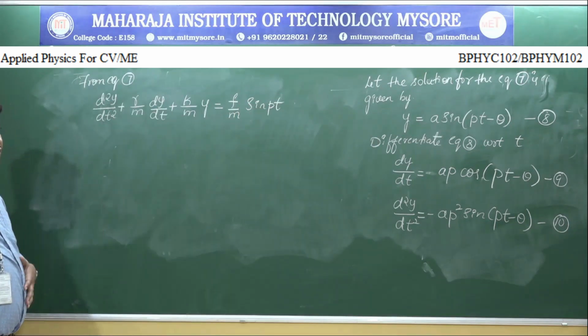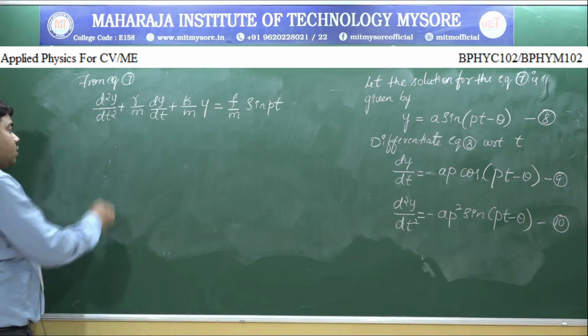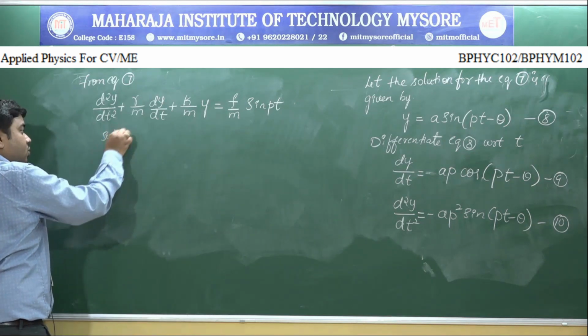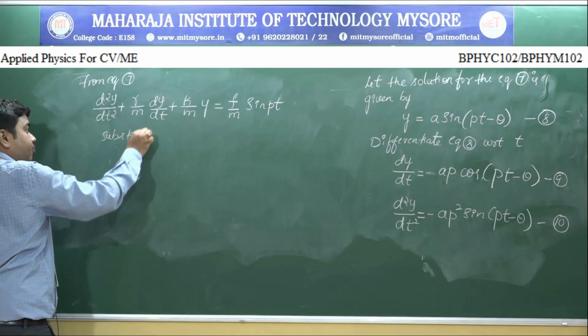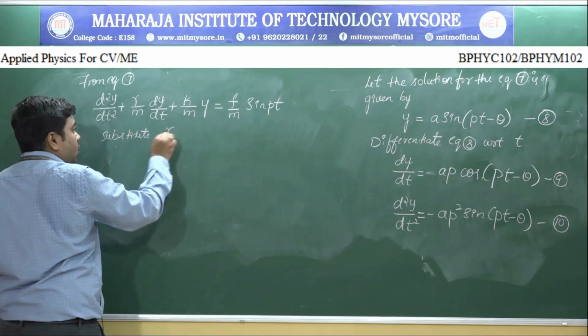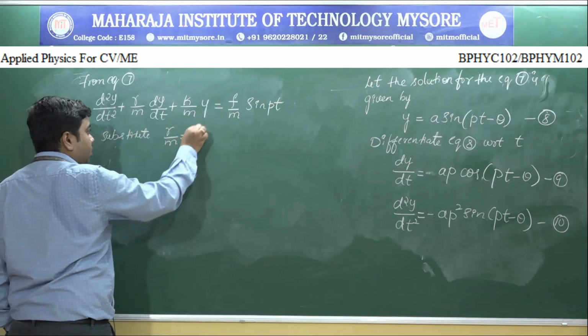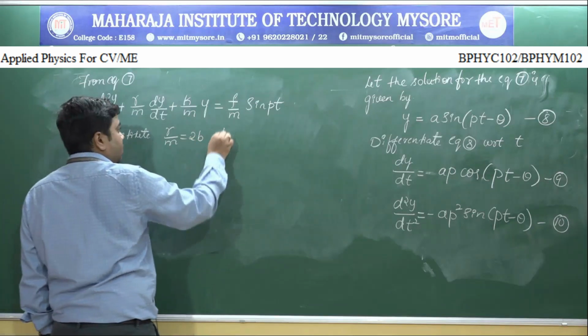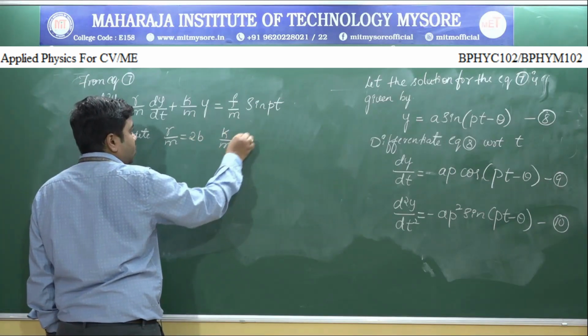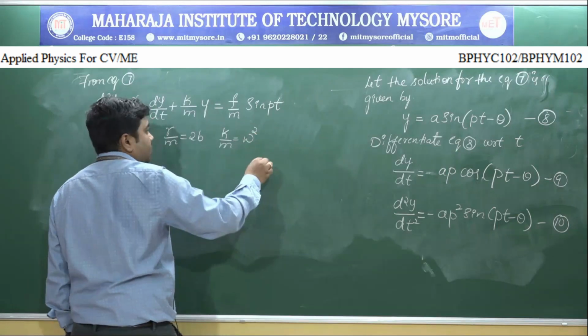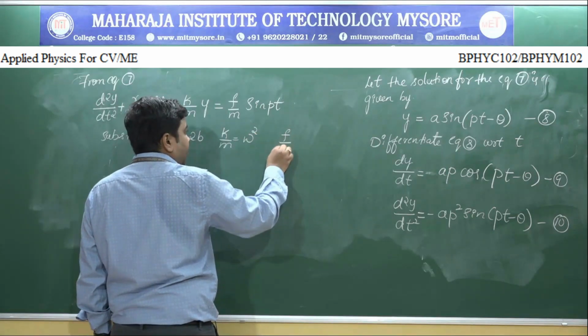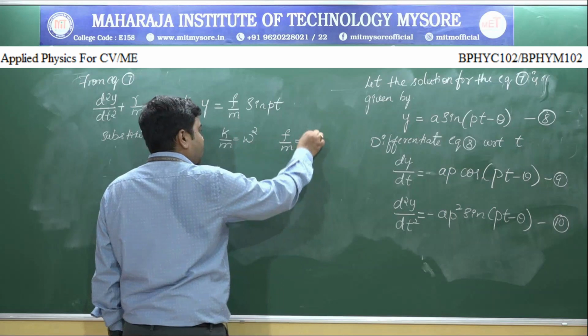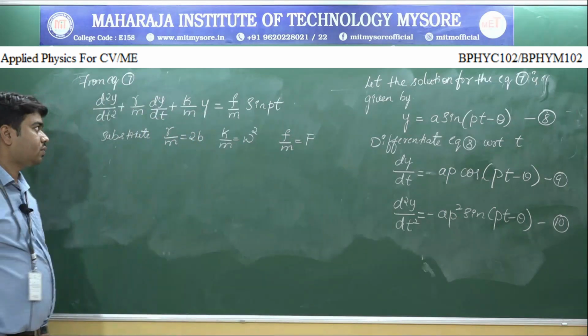Now, in order to simplify this differential equation further, we will substitute r by m is equal to 2b, k by m as omega square, and f by m as capital F.